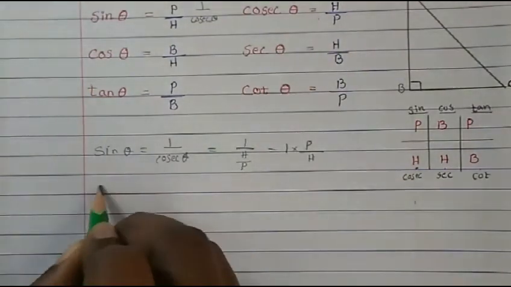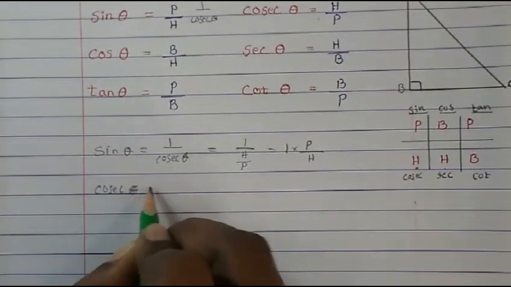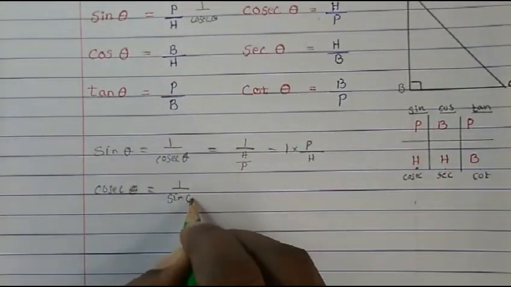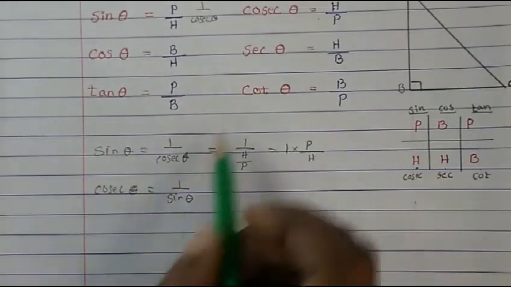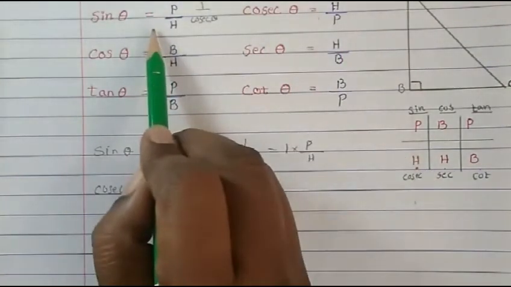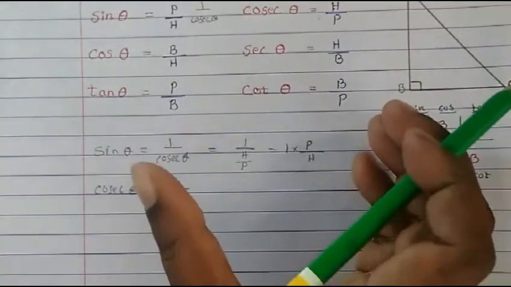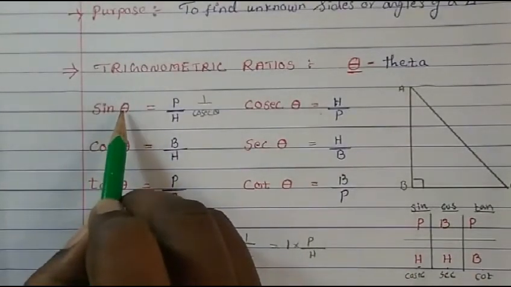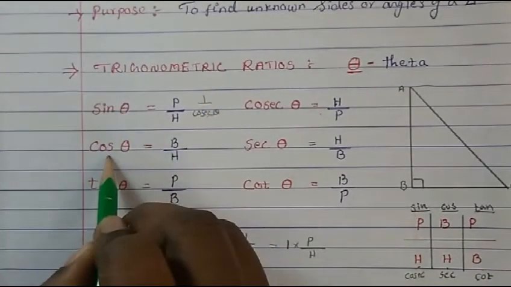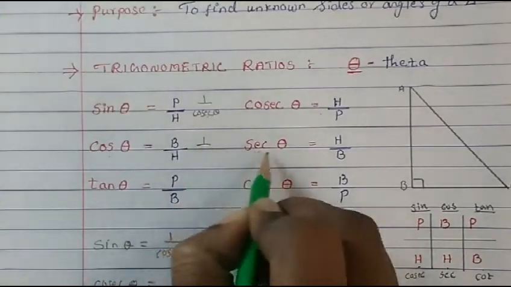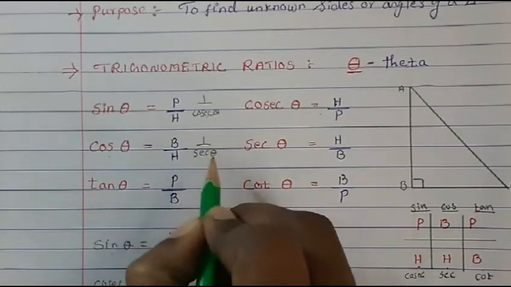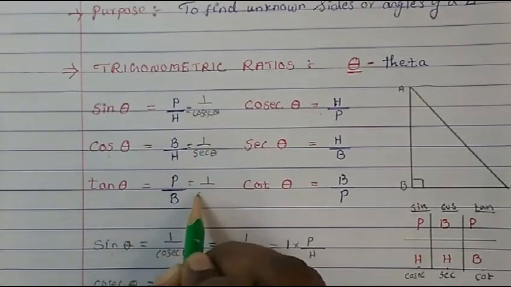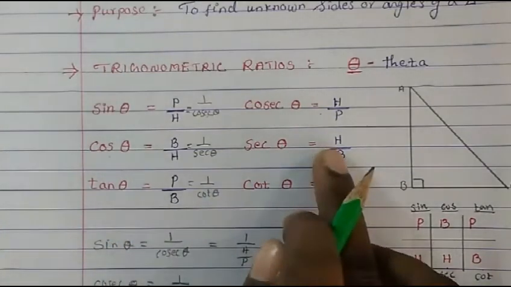In the same way, cosec theta can also be written as 1 upon sine theta. Like this also we can write, because this is the inverse of sine theta, meaning reciprocal, right? That is why we can write it like that. Sine theta can be written as 1 upon cosec theta.